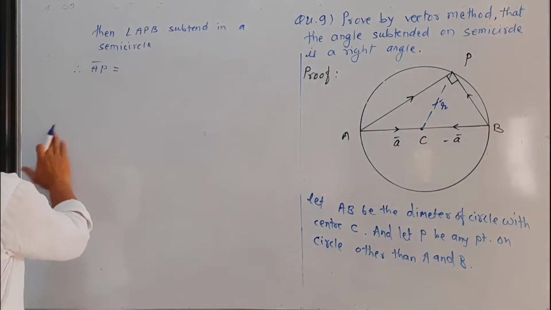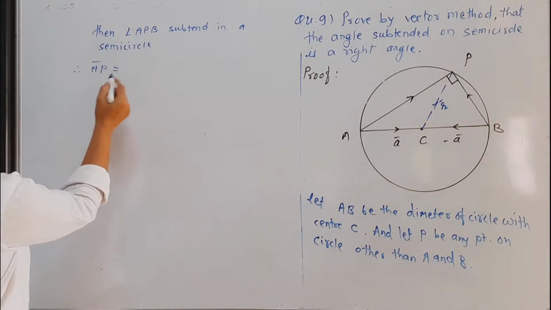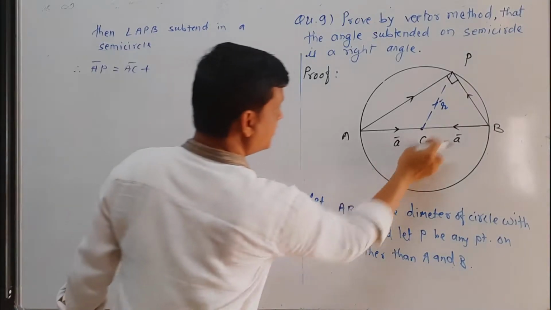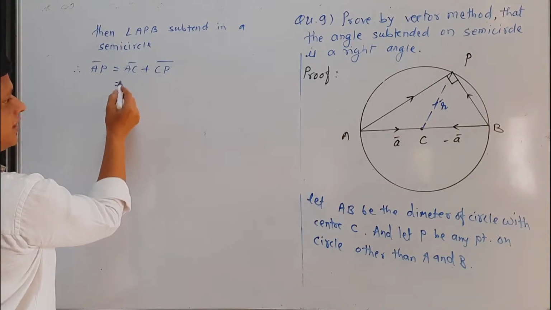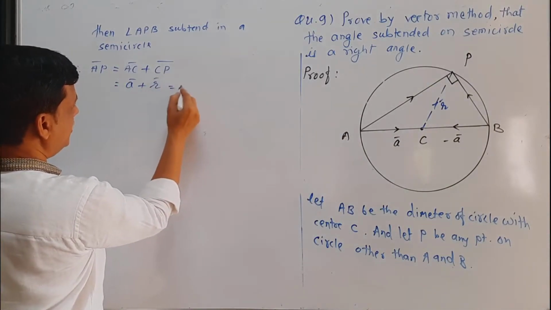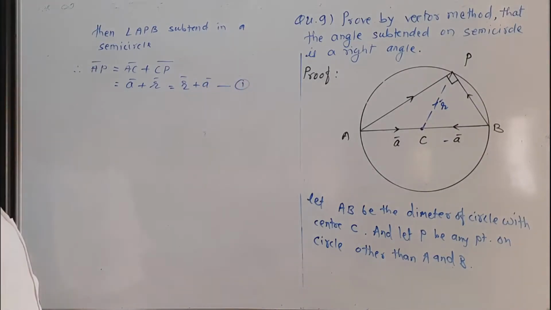So we write here AP bar equals to AC bar plus CP bar, that is equal to AC bar is A bar, CP bar is R bar. So we write R bar plus A bar as equation number 1.